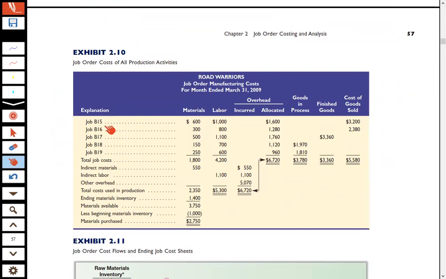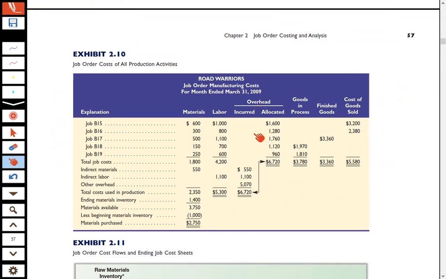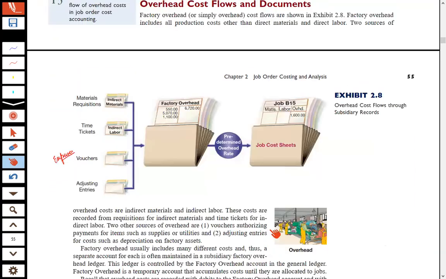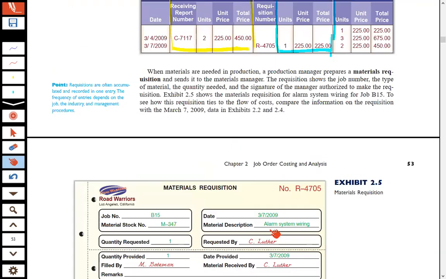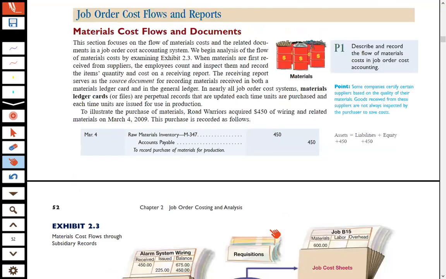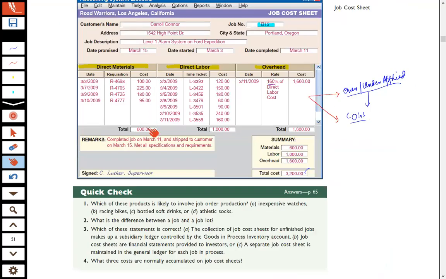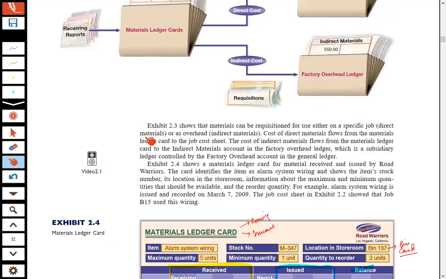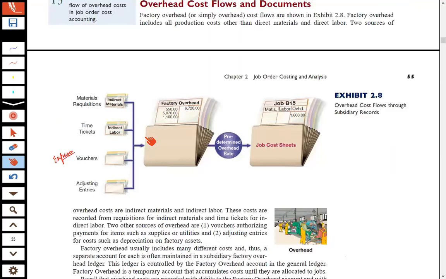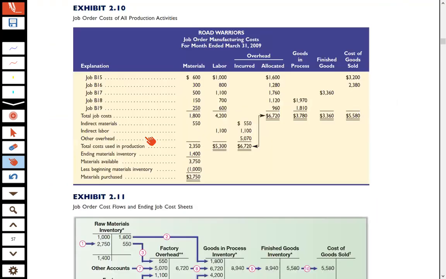That is job B15, B16, B17, B18, and B19. The materials, all that we have applied, they all came from that job cost sheet of the B15 material account. That is this one, 600. This will be cross tallied by this master summary. Clear?